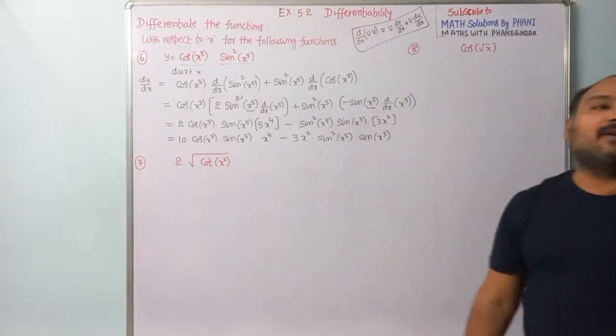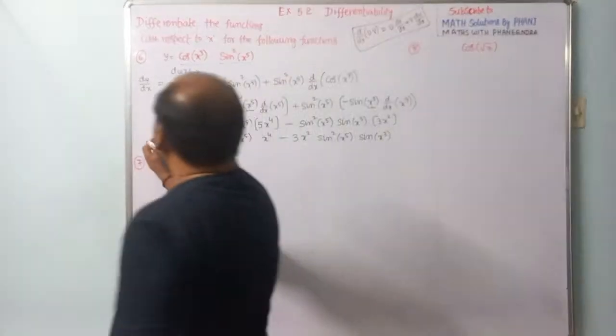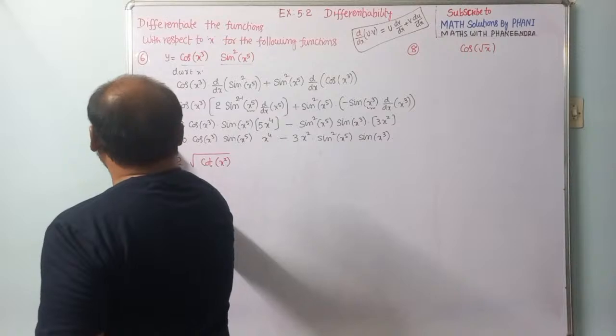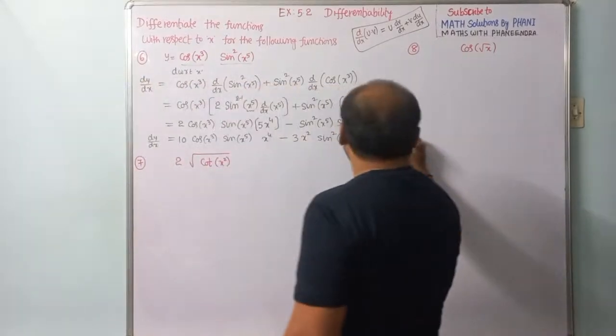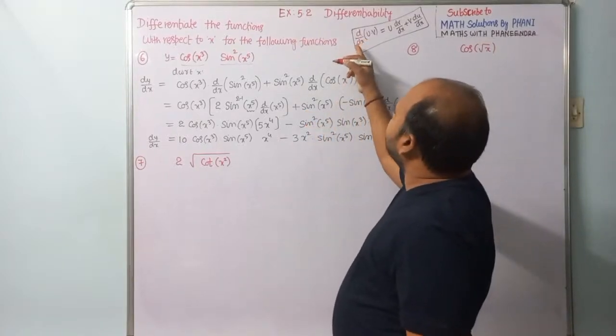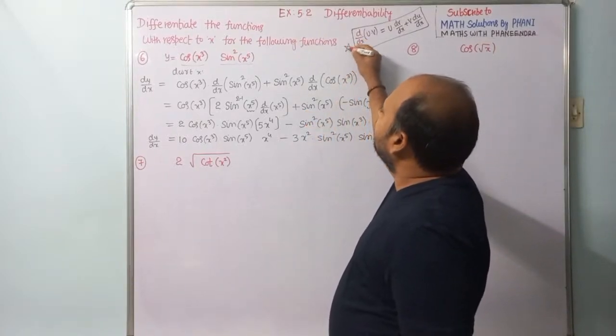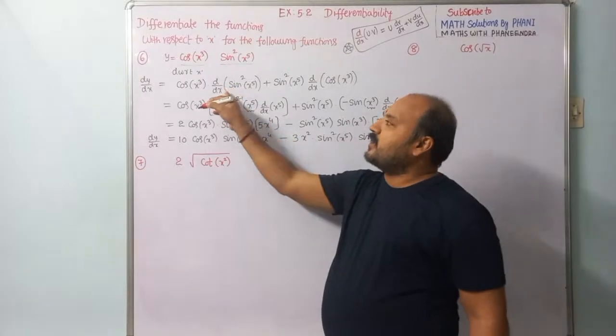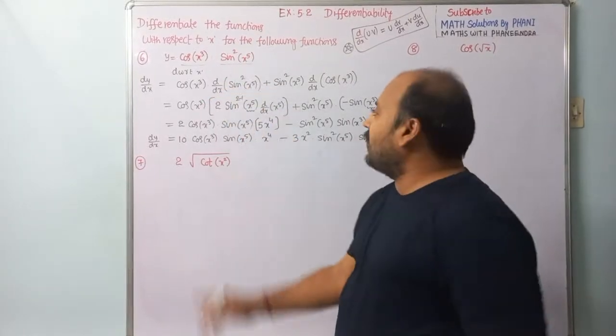This is the result, dear students, dy by dx. I hope everyone understands. First we applied the product rule of differentiation and then the d by dx of x power n formula also we applied.